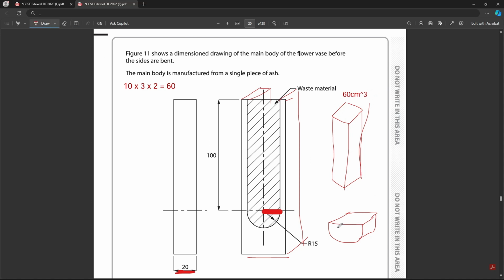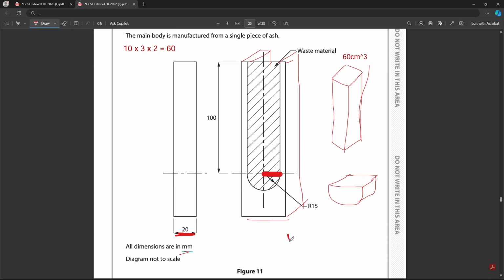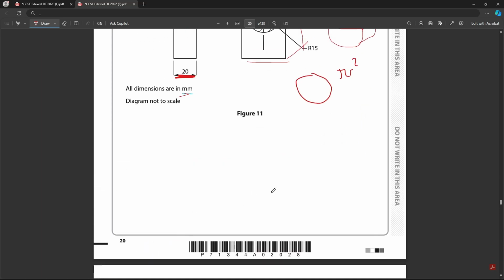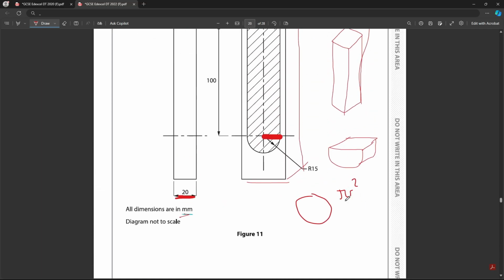And then we can think about this semicircular bit. So area of a circle is pi r squared. Does it tell you that in the question? No, it doesn't. So area of a circle, pi r squared. We want half of that because it's just that one semicircle. So we can do a half, or just 0.5 pi.